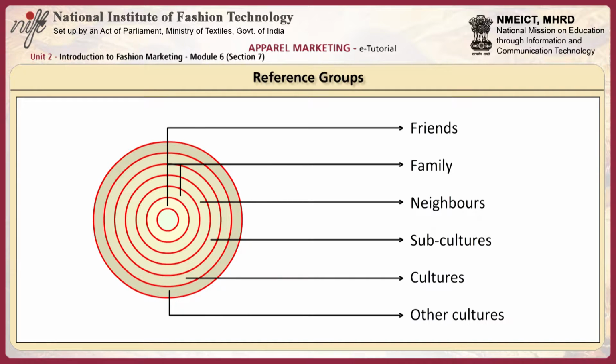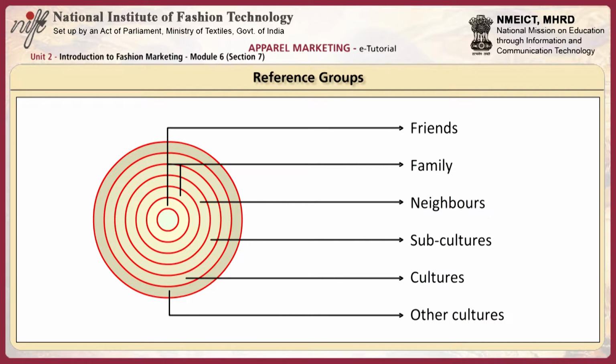It can be at the formal level or the informal level. A formal reference group takes the form of a large formal organization that has a recognized structure, complete with a charter and regular meeting times, and there are hierarchies and officers.